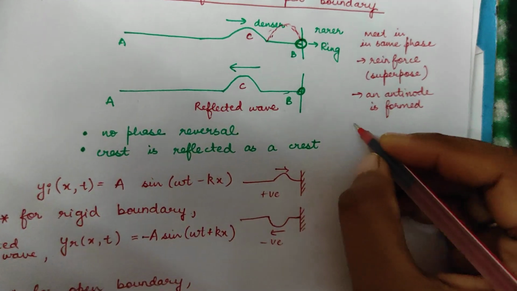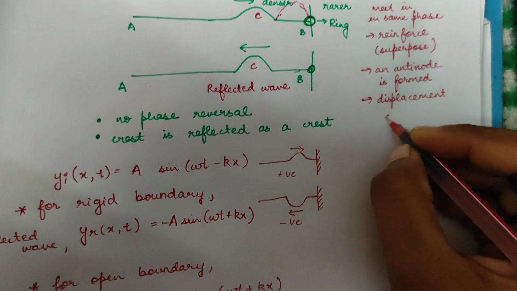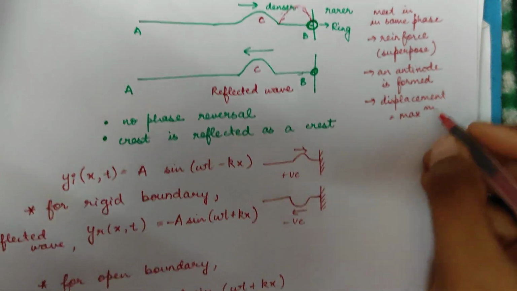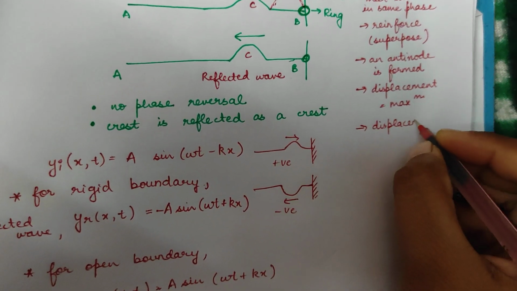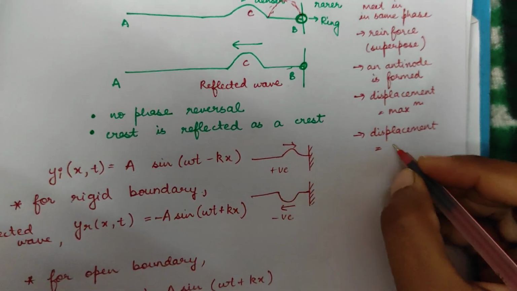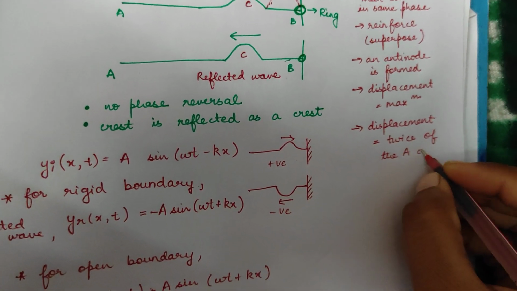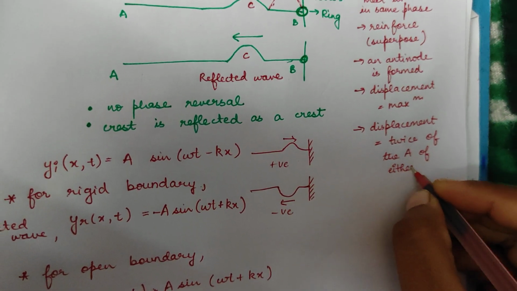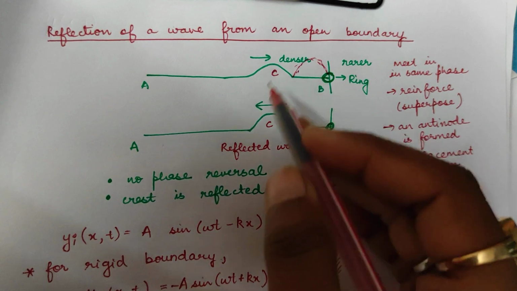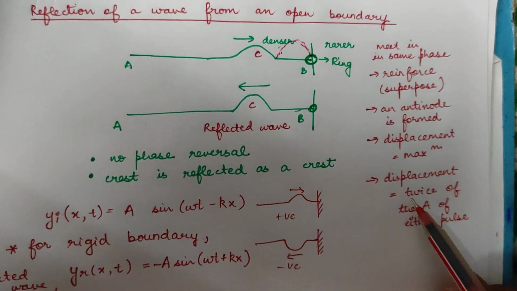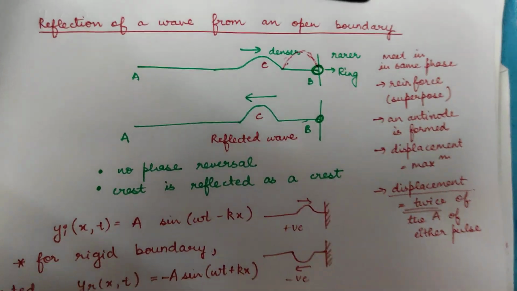That means the displacement will be maximum in this case, equal to twice the amplitude of either pulse. Both pulses are of the same amplitude, so any pulse you take, twice its amplitude will be equal to the displacement in case of an open boundary.